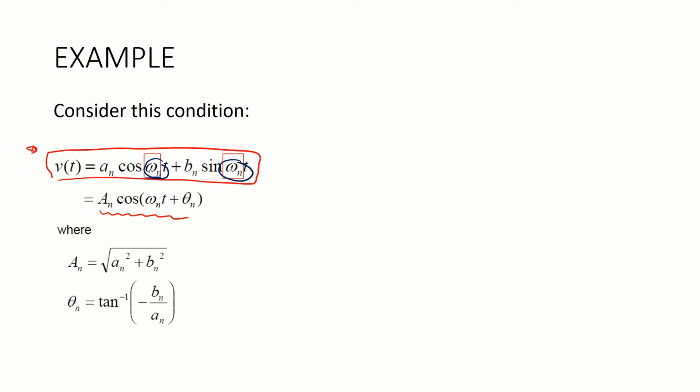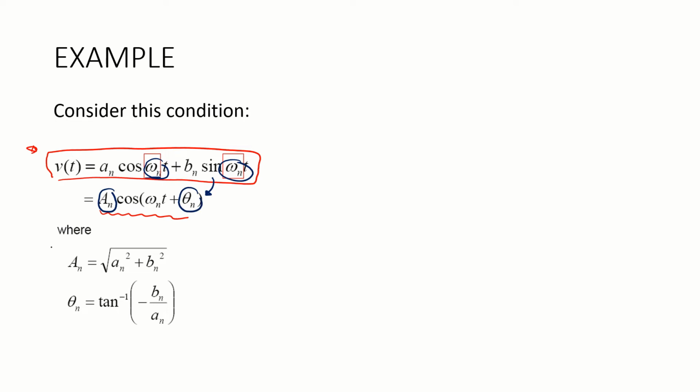Now in this case, both have omega n, right? So you can convert these terms into this particular term: an cos omega n t plus theta n. So how do we decide the values of an and theta n?